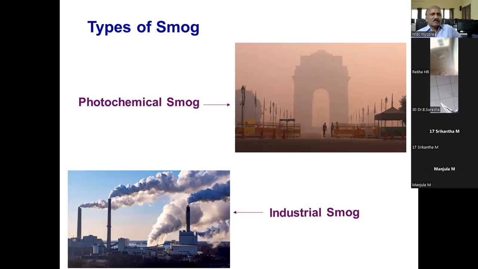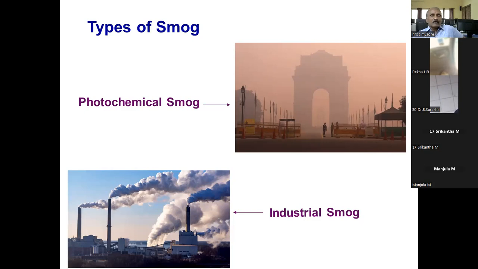For example, this photochemical smog is very famous as Los Angeles smog also, because in the city of Los Angeles in the USA, a greater incidence of this photochemical smog has been recorded. Another smog is industrial smog, especially from the smoke given out by industries.